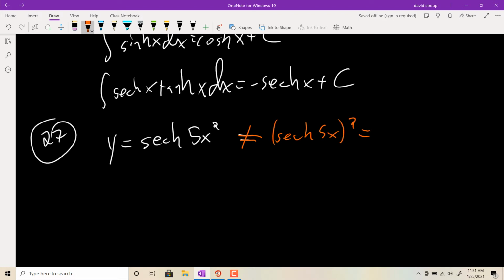If it was like that, they would either write it like that, or they would write the little squared part inside the secant. What they really mean is that the 5x squared part is in parentheses. So y equals hyperbolic secant of 5x squared.